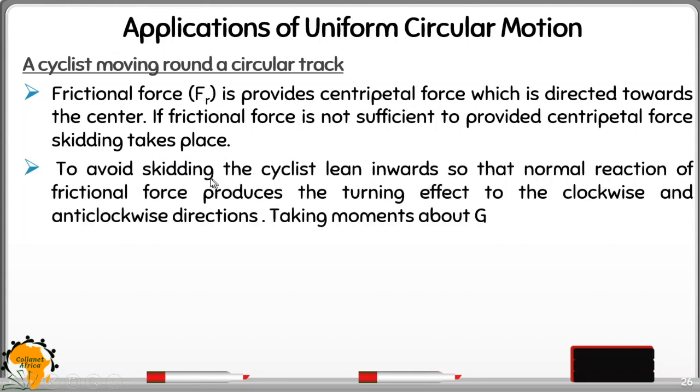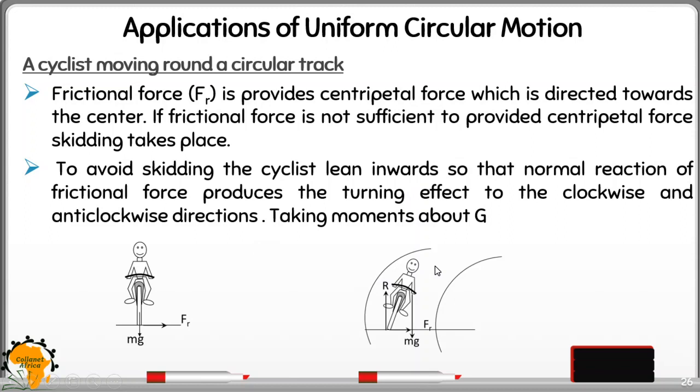And now, to avoid skidding, when the cyclist is moving around a bend, they lean inwards. We can have the second case here. The first one is moving very straight without leaning, and therefore the friction force is providing the centripetal force. But if you look at the second diagram, the cyclist is leaning, so that now these two forces, the reaction and the friction force, produce what we call the turning effect.